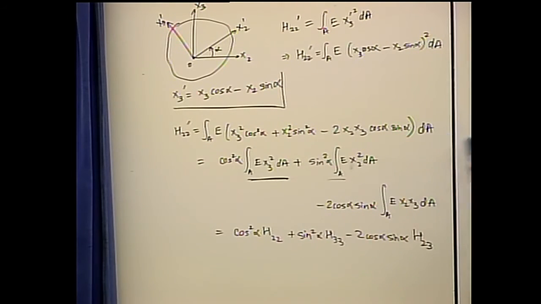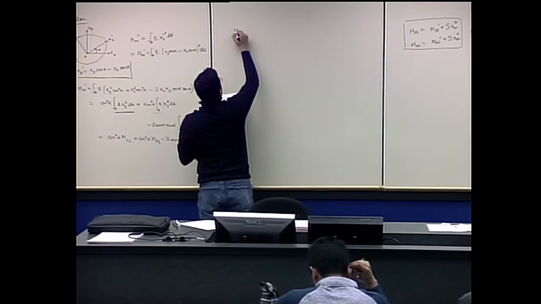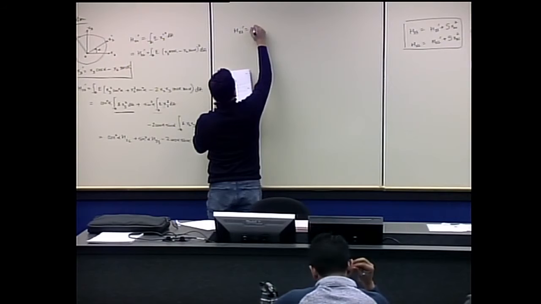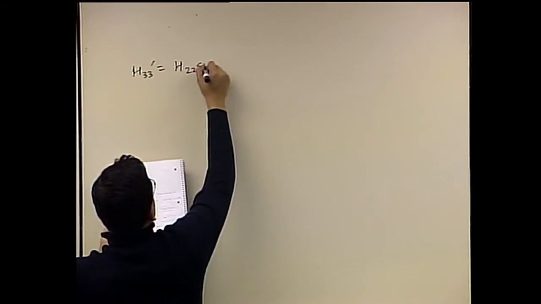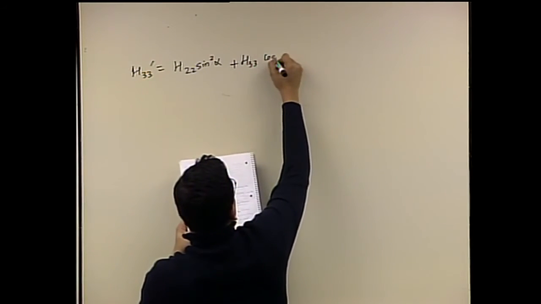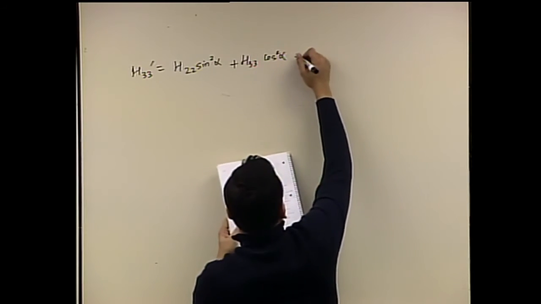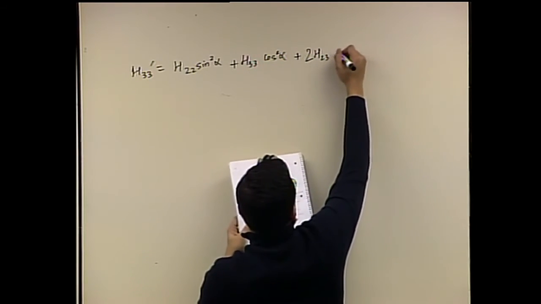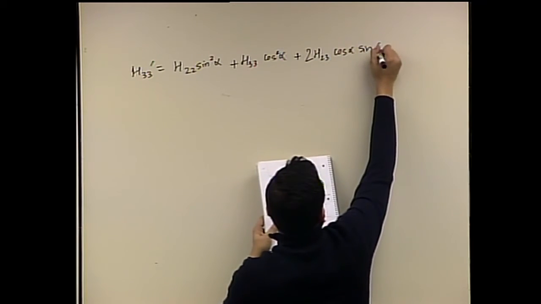If you do a similar operation on H23 and H33, you'll be able to obtain some expressions which I'll directly write. So H33 prime will become H22 sine square alpha plus H33 cosine square alpha minus or plus 2 H23 cosine alpha sine alpha.